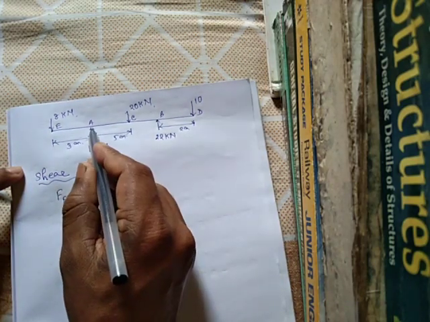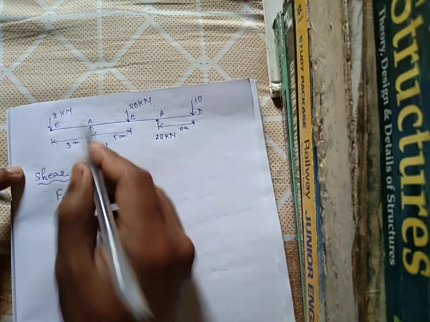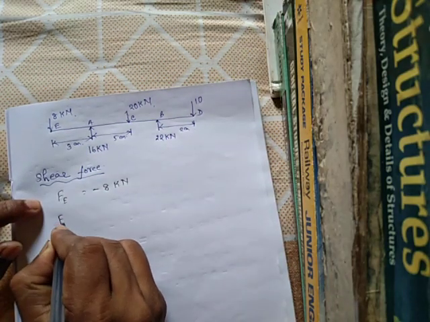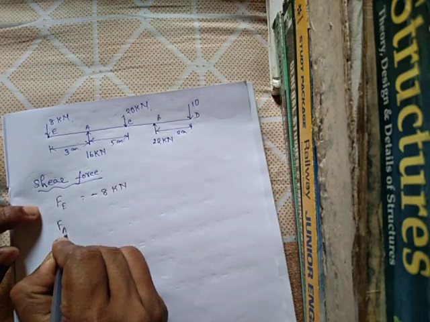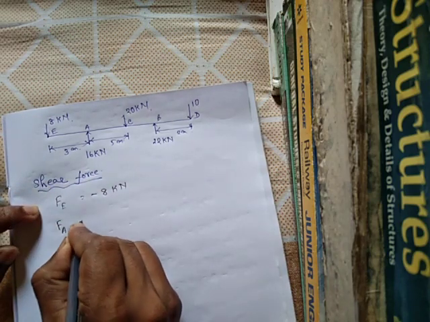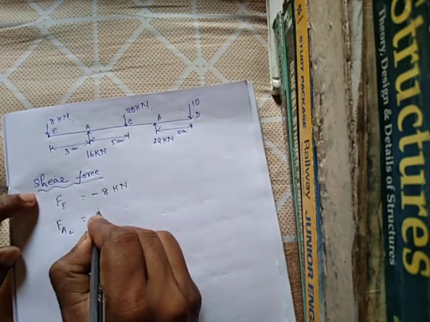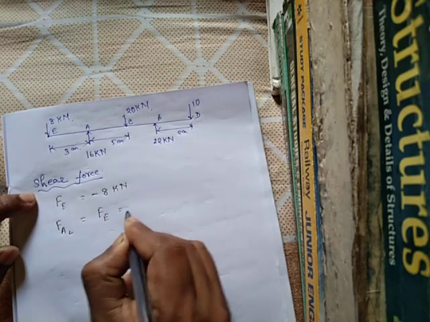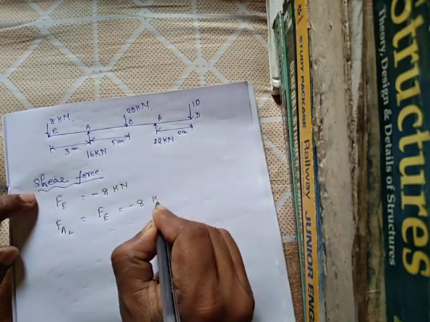Now find the shear force at point A. Shear force at point A just to the left equals the shear force at point E, that is minus 8 kilonewton.